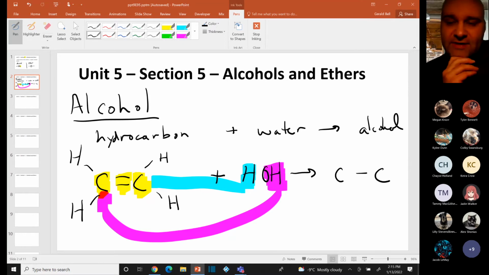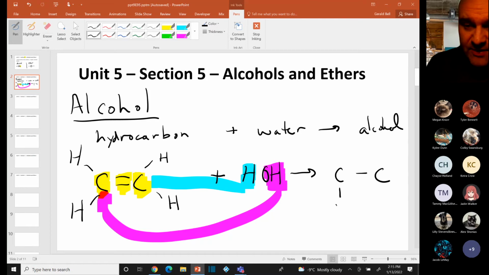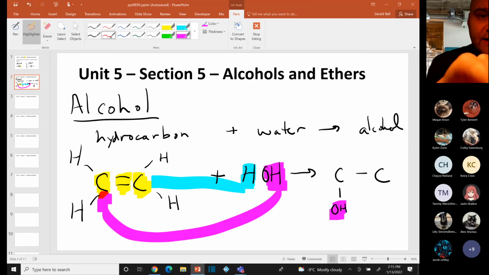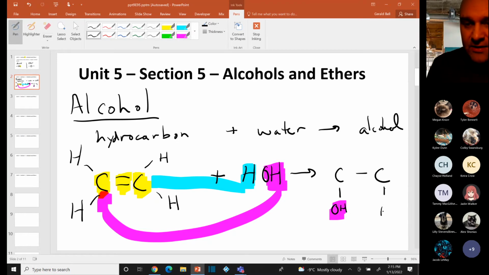So I'm going to break that double bond. We'll change it into a single bond. And then on one side of our molecule, we'll put the OH. I leave myself a lot of room, but I'll put the OH right there. That's the pink OH. And then on the other side here, I'll put our hydrogen. That's that one.